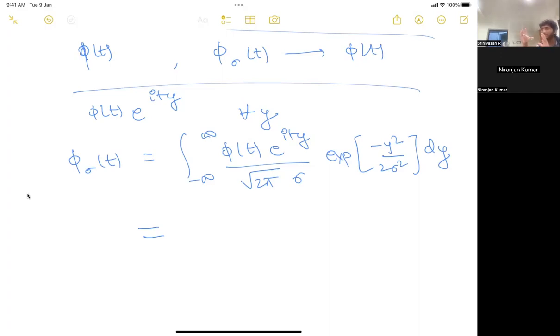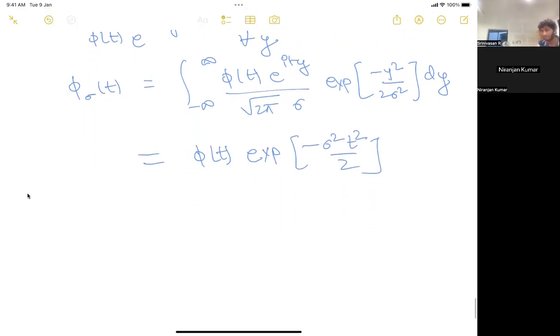We'll get some Gaussian integral, and for the prefactor we have 1 over square root 2 pi sigma. The integral will come out to be that. So from that, we'll get that this is actually equal to phi of t times exponential of minus sigma squared t squared by 2. This is easy to see, like the same calculations.